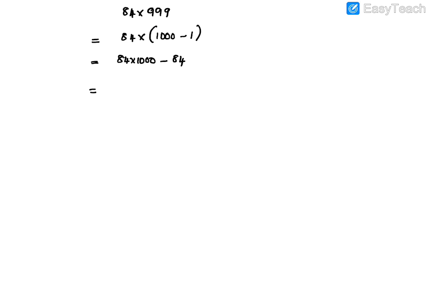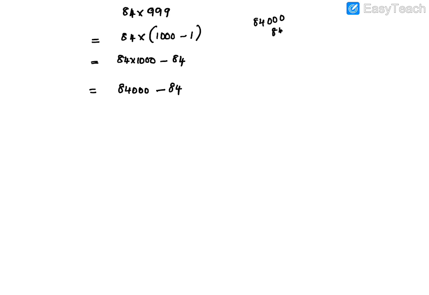So what is that answer? 84,000 minus 84. So 84,000 minus 84, what is the answer?